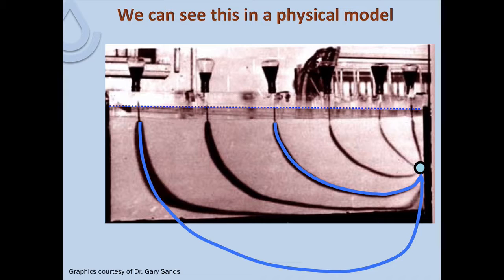We can see the same thing out in the field because of the restrictive layer. That restrictive layer can play the same role in the soil where it can cut off those flow lines as they try and get to the drain. So that becomes another design constraint or guidance, that we would like to keep those drains above the restrictive layer and as far above the restrictive layer as we can, again without getting too shallow, because as we put them closer to the restrictive layer, we cut off those flow lines.